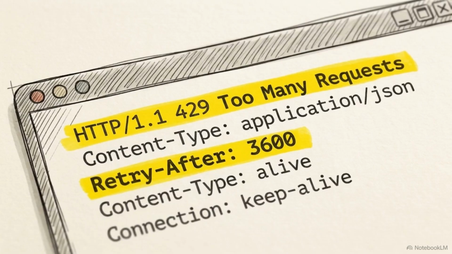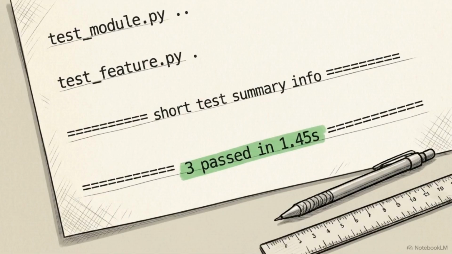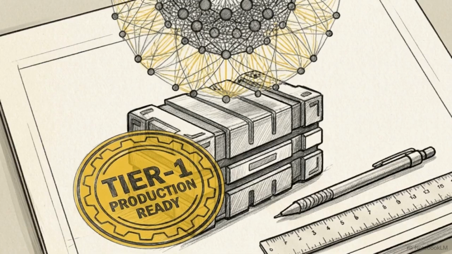It rejects excess traffic with a 429 status code and a precise retry-after header. Finally, we run the automated PyTest suite. Every test passes, formally verifying the underlying logic of our caching and rate limiting services. Successfully passing this sequence of tests guarantees the API is fully equipped for real-world production traffic.